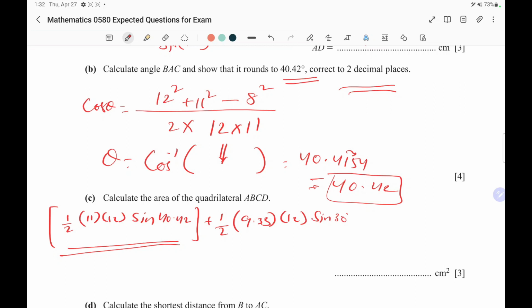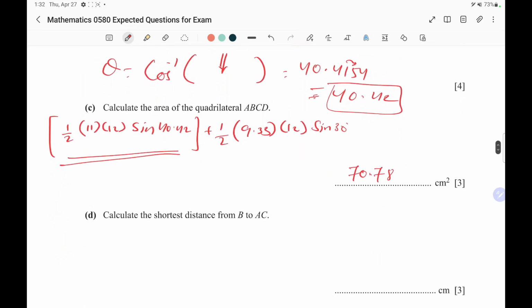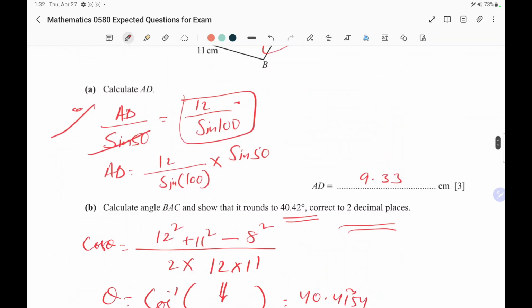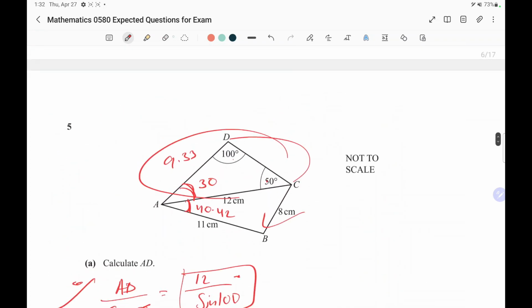So I got 70.78. So I got 70.78, which can be written as 70.8 also, no problem. Okay, now move to the next question that says shortest distance from B to AC.